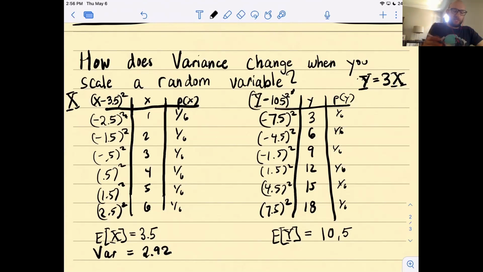So the expected value of y tripled. Okay, I don't think it's 11.6 as the, well, hang on. I don't think it's 11.6 as the variance.